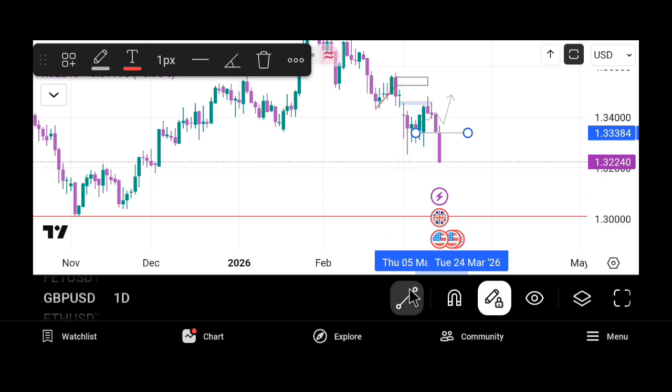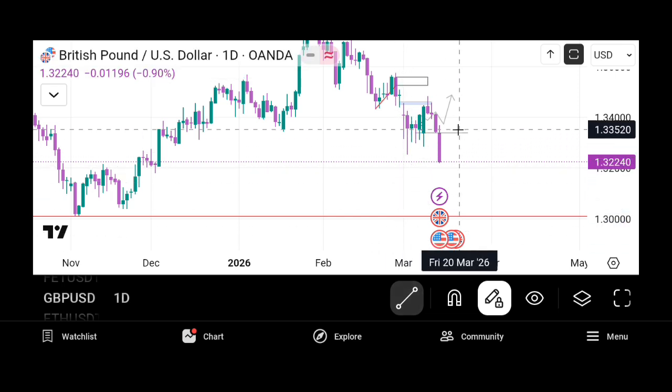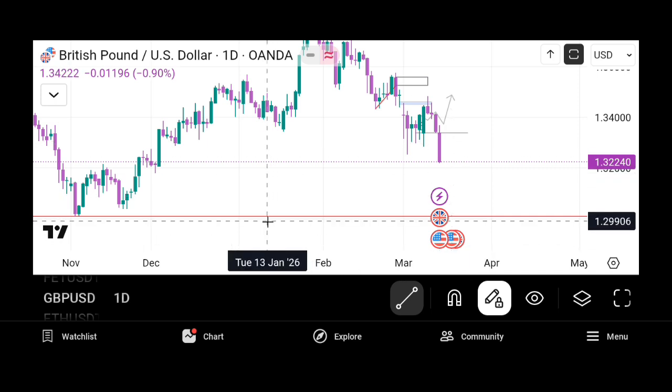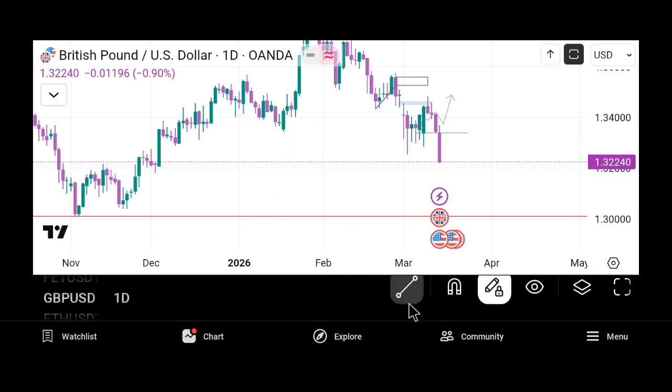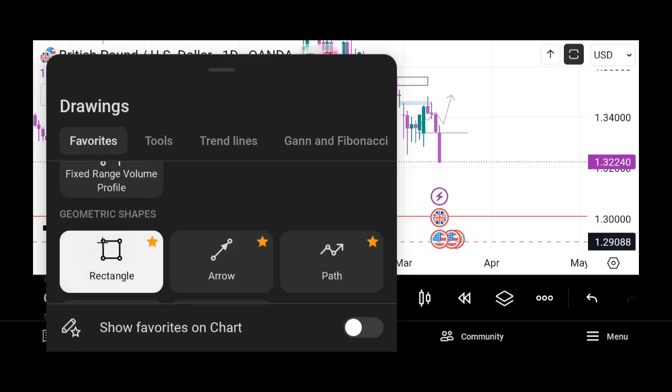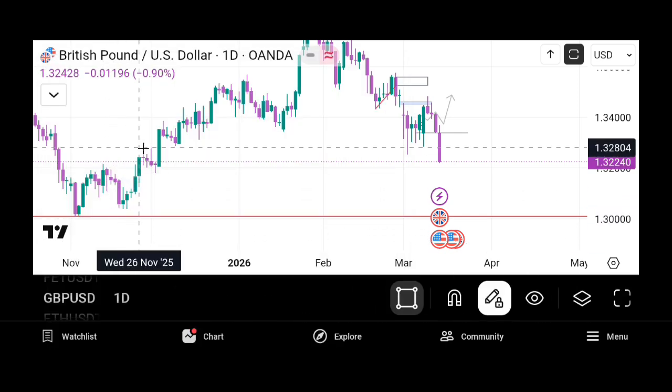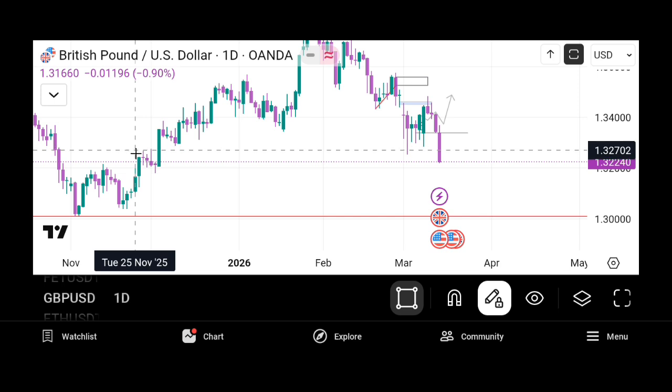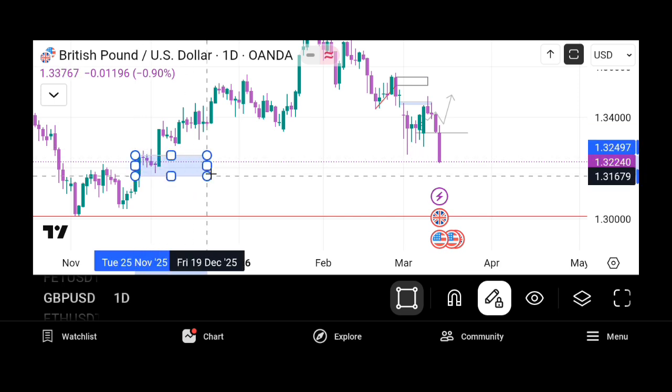We expect the market to go back, buy to it before continuing the sell, because we have a reaction from this order block also. This is a nice order block. I'll mark it out this way.